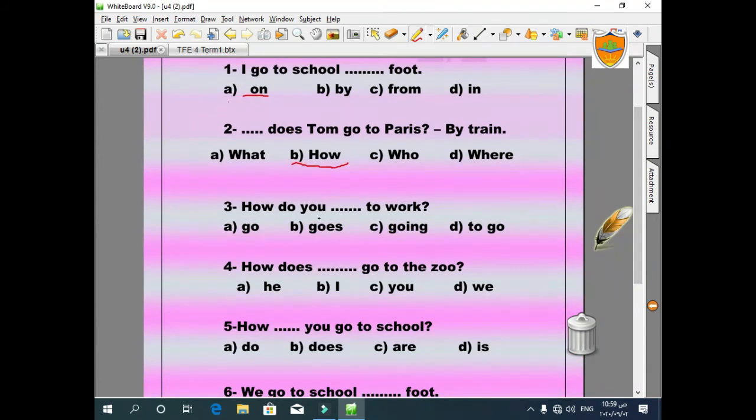Number 3, how do you blank to work? Remember the form, how plus do plus subject plus infinitive. Where is the infinitive? Go, goes, or going to go? Yes, go. How do you go to work?